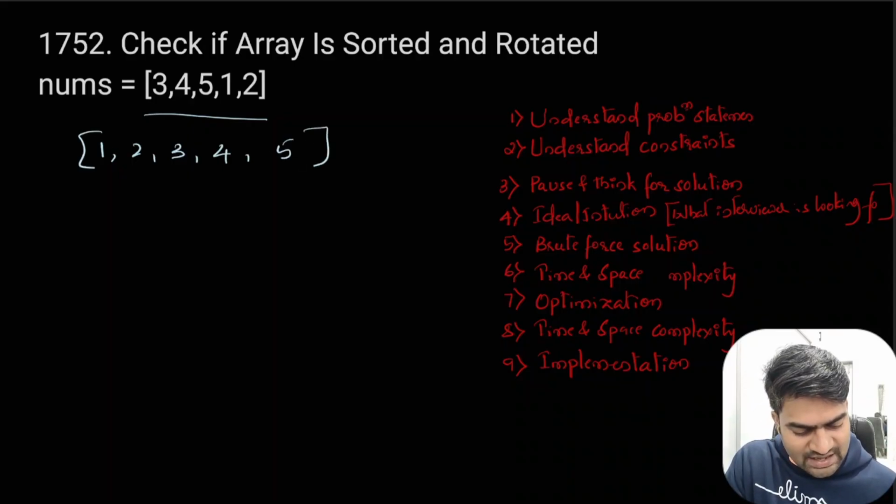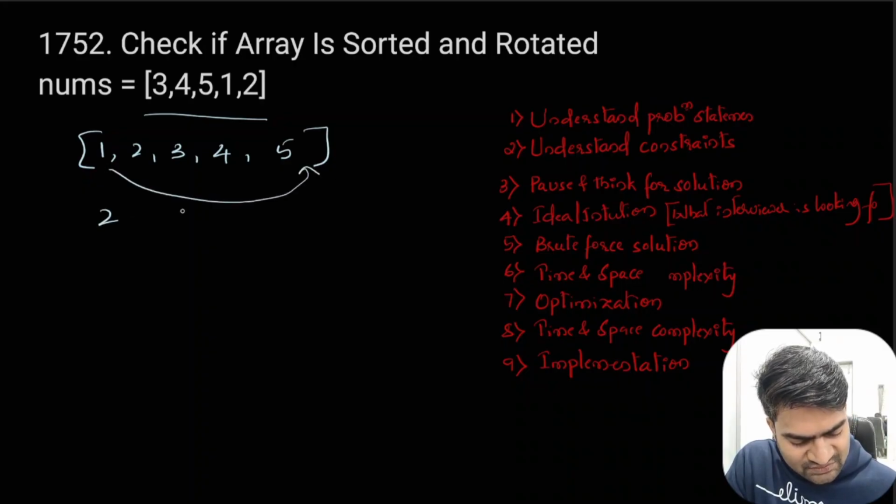Then what they have done, they have rotated the elements towards some position basically. Okay, so now what I will do, I'll move 1 to the end. So that time 2 shifts here, 3 4 5, then 1 comes at the end. Okay, now again I'll move this 2 at the end. So if that is the case, then 3 in the beginning, then 4 5 1 and 2.